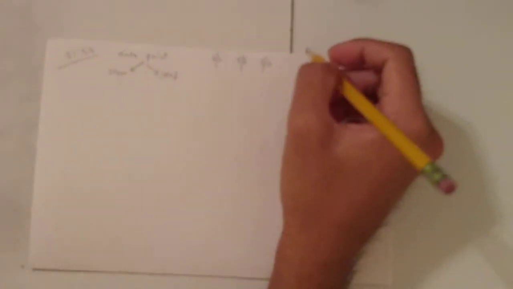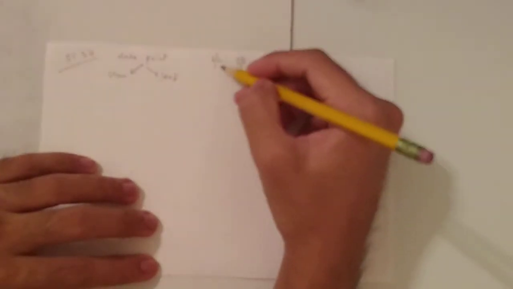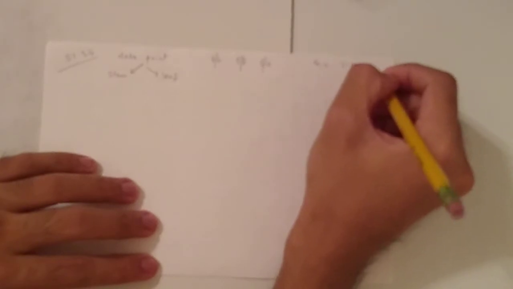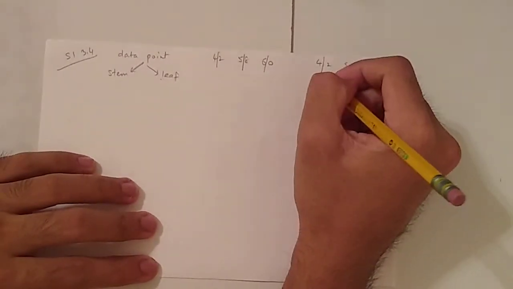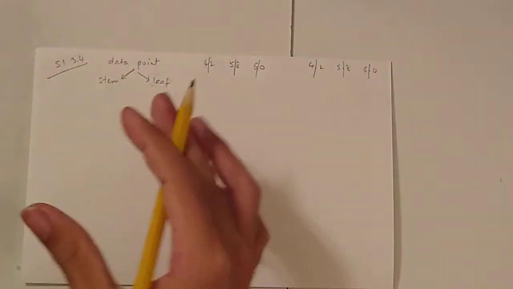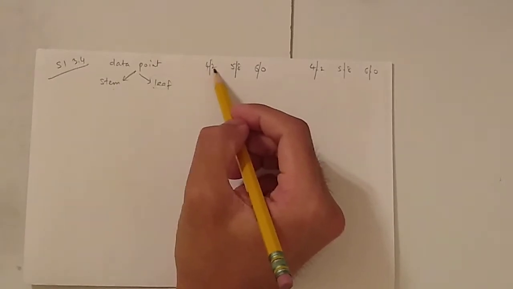In some other case, let's say that instead of 42, 58 and 60, you were given 4.2, 5.8 and 6.0. In this case, you'd break it down as 4 | 2, 5 | 8, 6 | 0. Here you're breaking it down at the decimal point, and there you're breaking it down between tens and ones.